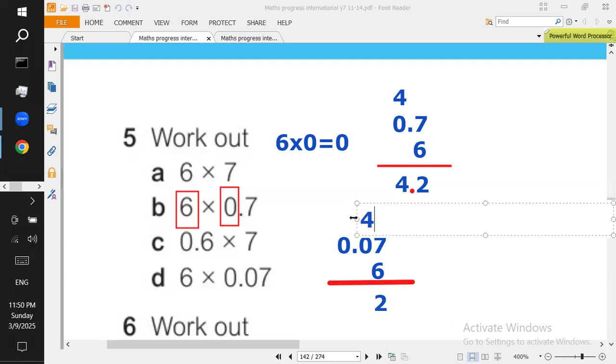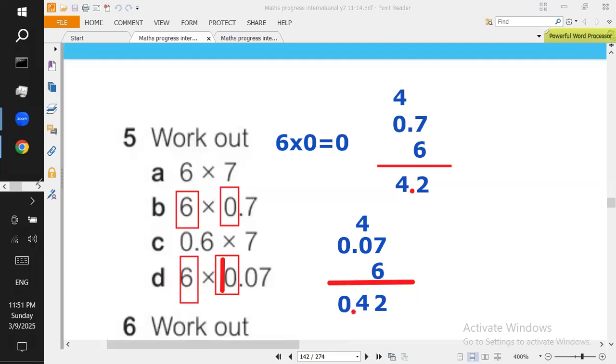Now 6 times 0 is 0, plus 4 is 4, so I write the 4 here. And the last one, 6 times 0 is 0, so I write 0. Now the place of the decimal point: we multiply the whole numbers, 0 and 6. When you multiply them, you get 0. 0 is one number. It means the decimal point should be after one number, which is here. And this is how you find the answer to these questions.